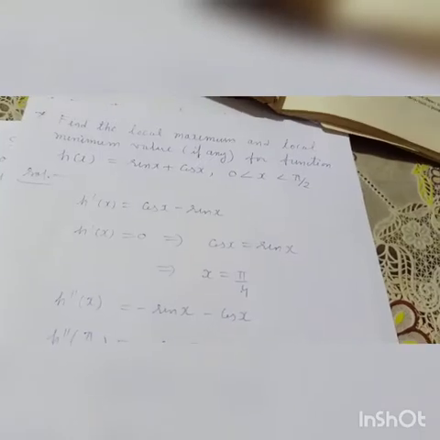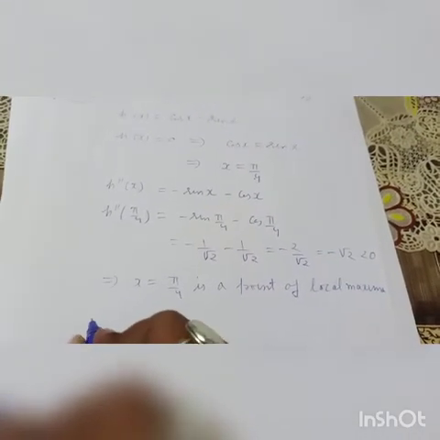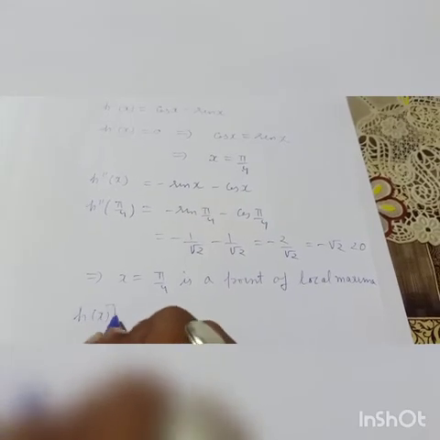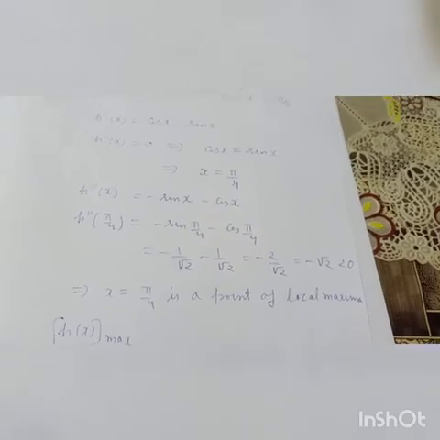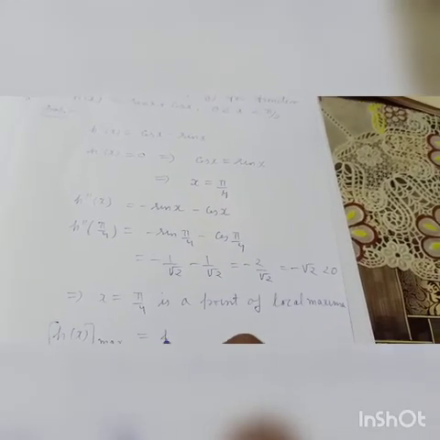Now we will get the local maximum value. The local maximum value of h(x) is equal to h(pi by 4).